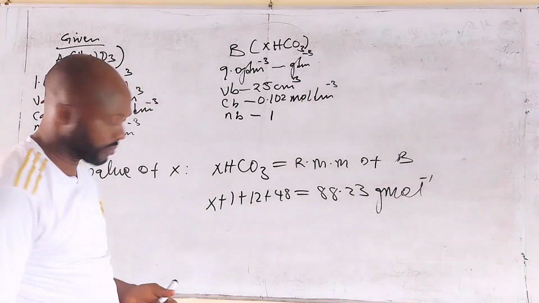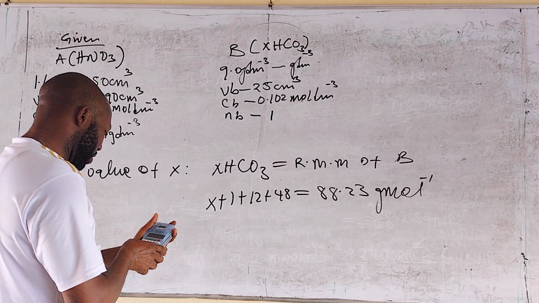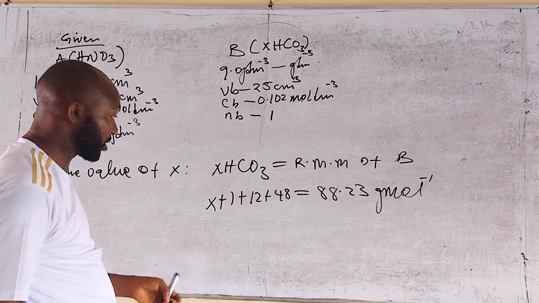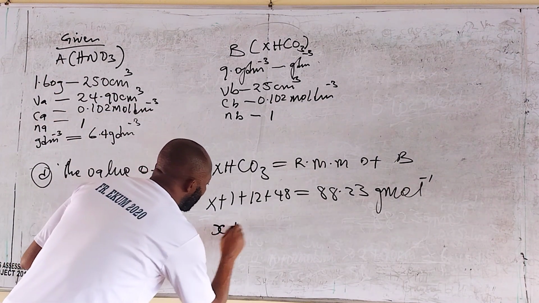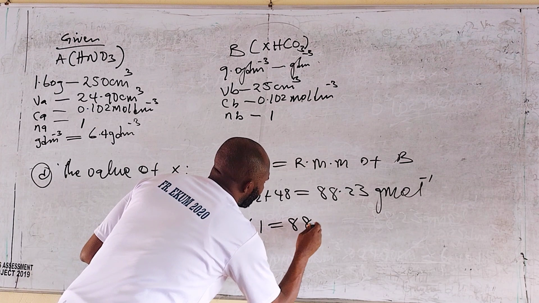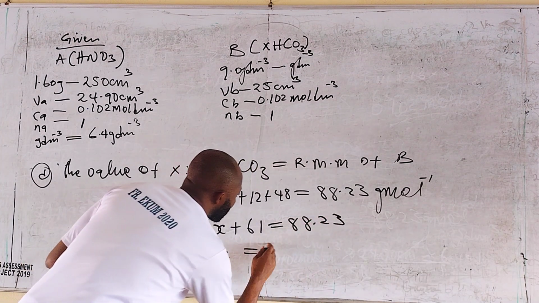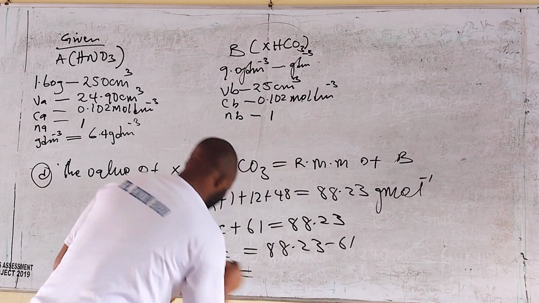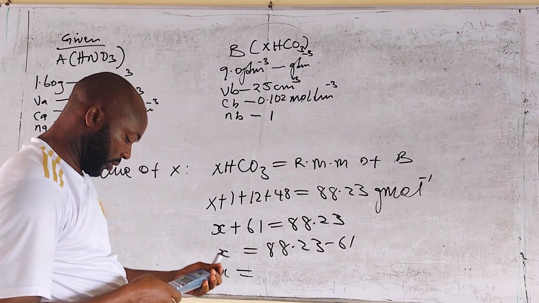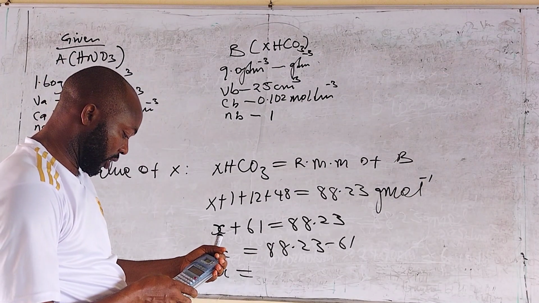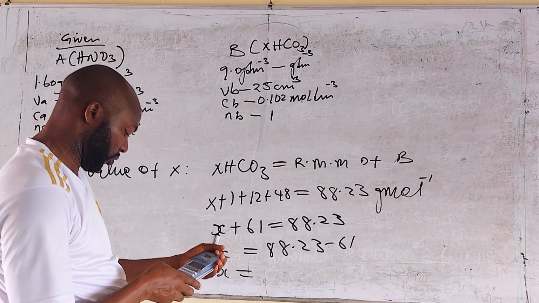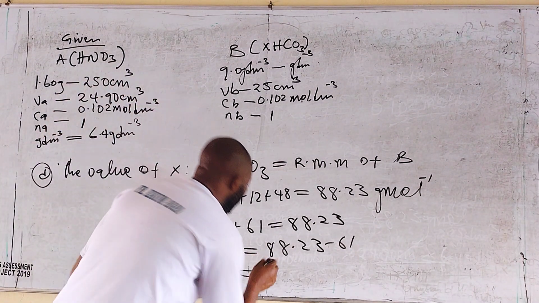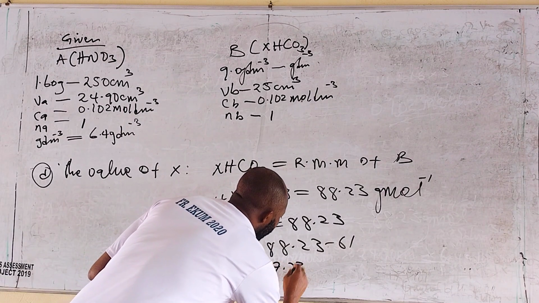Now we go on. We say 48 plus 13 is equal to 61. X plus 61 is equal to 88.23. X is equal to 88.23 minus 61, which is 27.23.